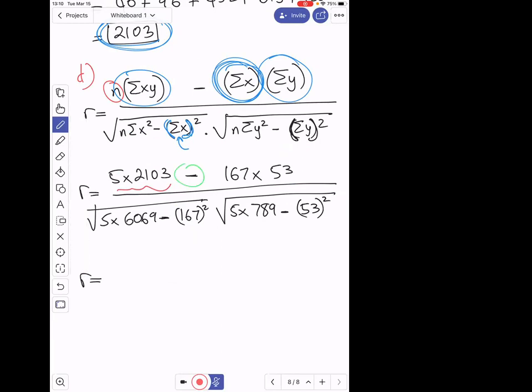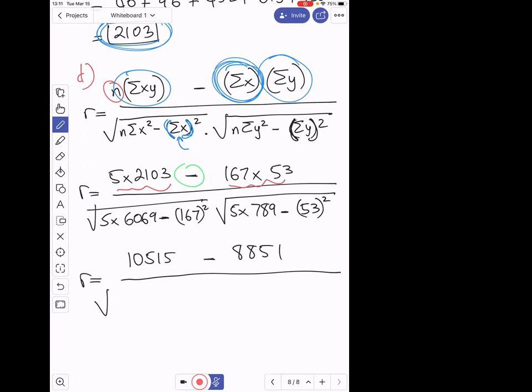So for example, you multiply the 5 by the 2103, which would be equal to 10,515 minus, and on this side it's another multiplication: 167 by 53, yes, it's 8,851. Thank you. Absolutely. Over.